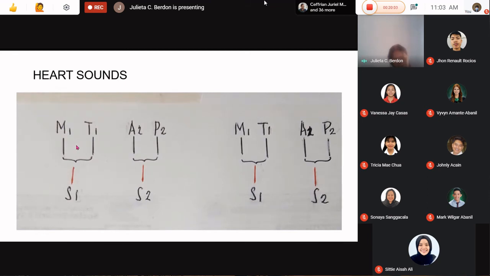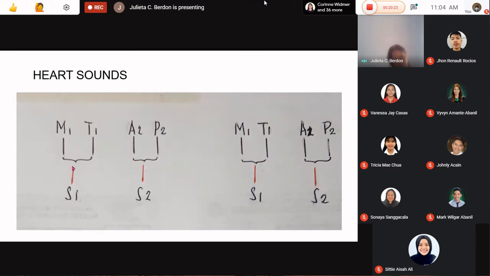If the distance between two sounds is less than 20 milliseconds, the human ear cannot distinguish it as two sounds. The human ear will hear it as one sound. So M1, T1 will form the S1.